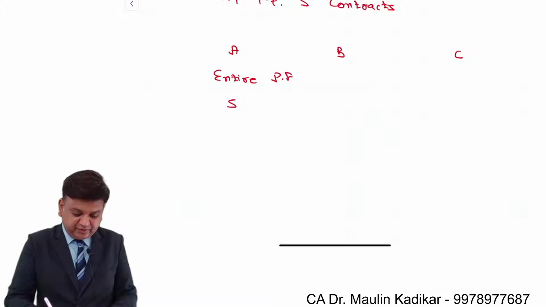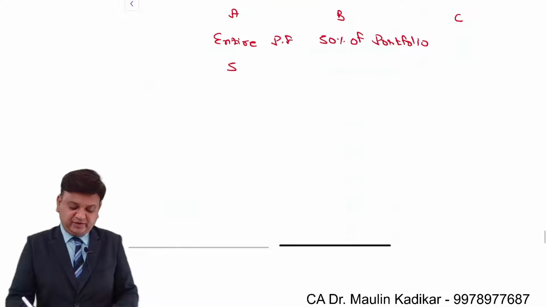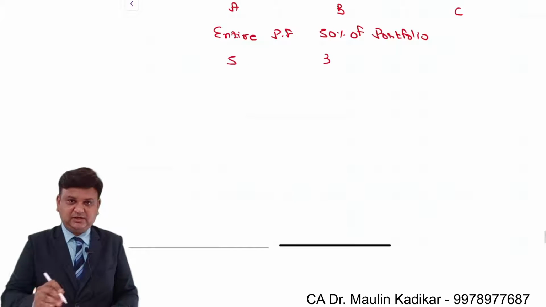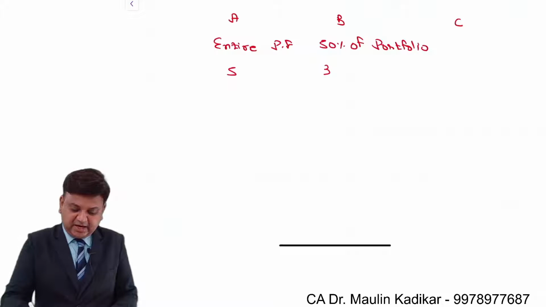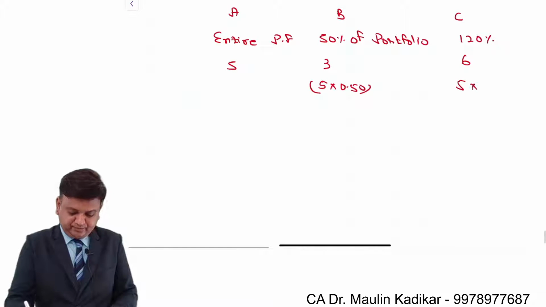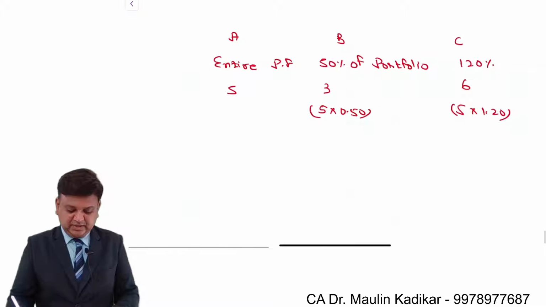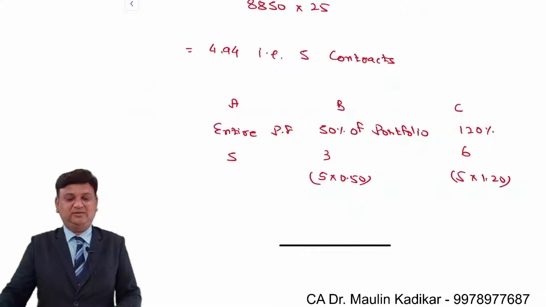Then 50% of portfolio, so it is 5 into 0.5, so that comes to 3 contracts because you cannot enter into fractional number of contracts. And 120% of the portfolio, in that it is 6. 5 into 0.5 and 5 into 1.2. This is the way the number of contracts to be sold will be calculated.